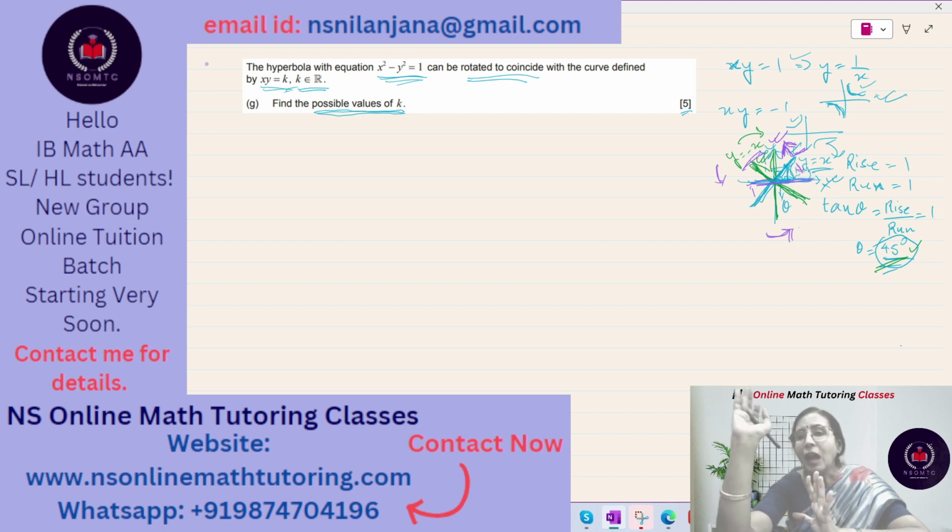So we are seeing how the two oblique asymptotes, y equals x and y equals negative x, get changed to one vertical asymptote and one horizontal asymptote when we rotate the whole thing through 45 degrees, either clockwise or anti-clockwise. Clear?